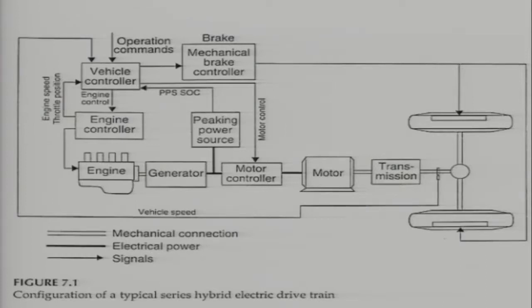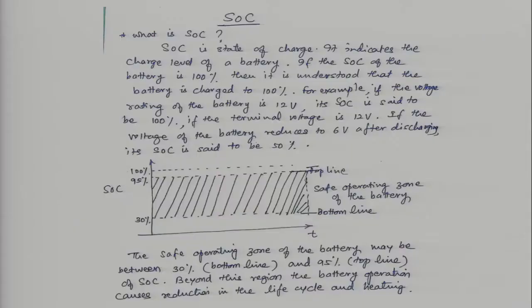These are the three major parts which are responsible for the performance of the vehicle: the engine, the peaking power source PPS, and the motor controller and motor. How these three main parameters can be designed, that we are going to see.